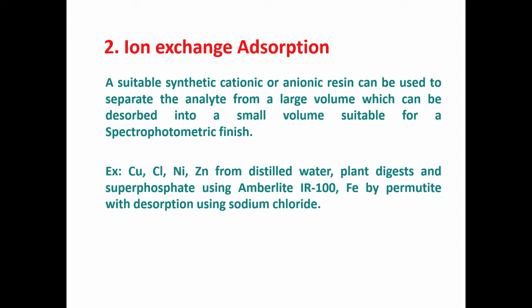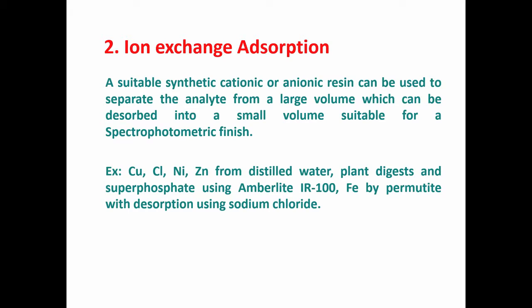So, examples include copper, chloride, nickel, zinc, etc. These are from distilled water, plant digest and superphosphate, all used as routine samples, and all these things can be concentrated using Amberlite IR 100, that is an ion exchange resin.